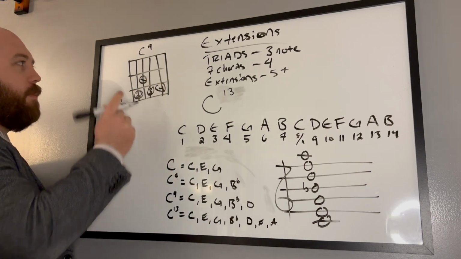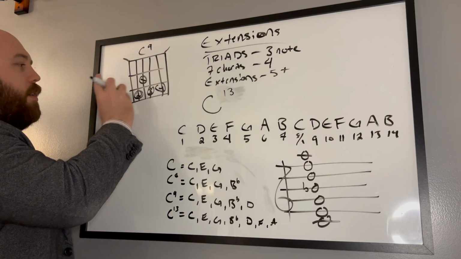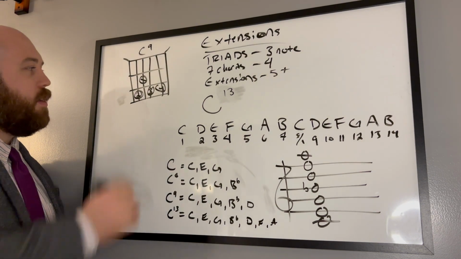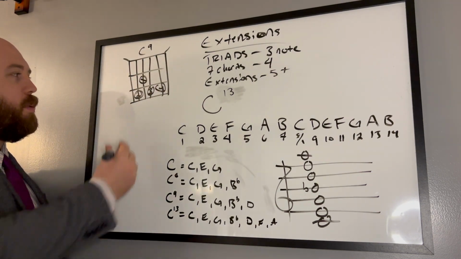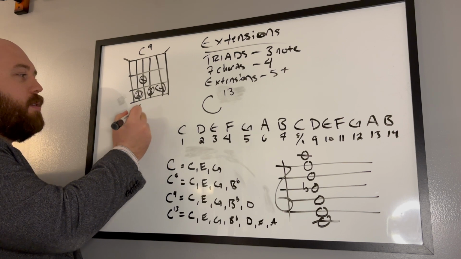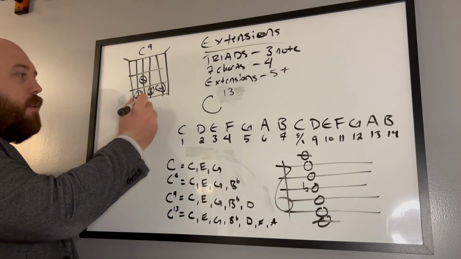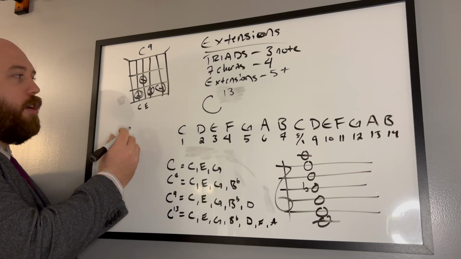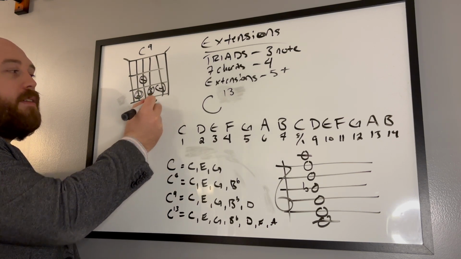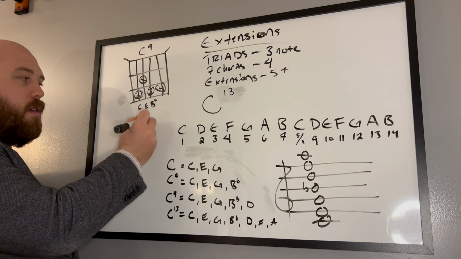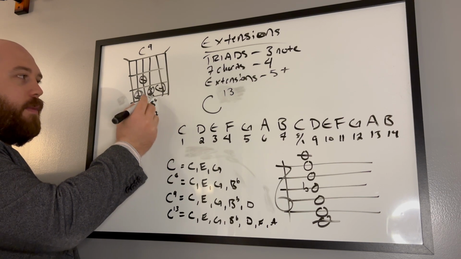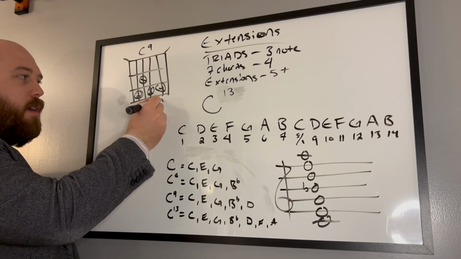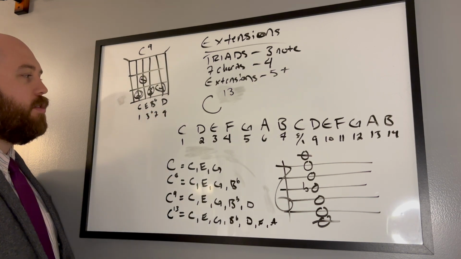This is the 3rd fret, just like it says. So I don't even need to put that. 2, 1, 3, 4. Now, what are the notes we're playing here? This becomes a C. This becomes an E, right? Root, 3rd. This is a B flat. There's your 7. Flat 7. And then your pinky is playing a D, which is your 9.